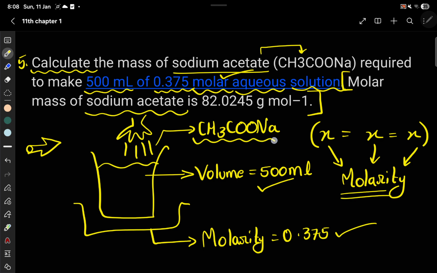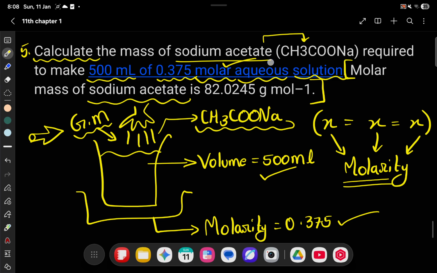Now what they're asking is the mass of this chemical that we are adding to make this solution. This is the thing which you have to calculate. I hope that you have won half of the war after understanding what they have asked in the question. Now let's begin the question.